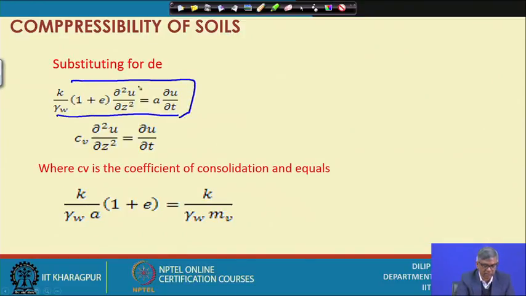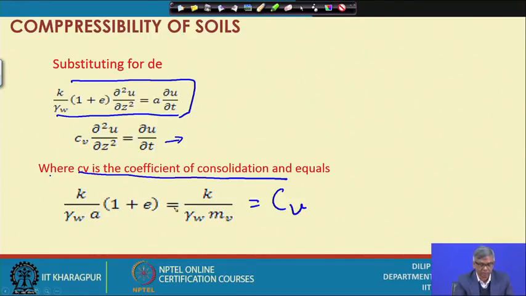k by gamma w a into 1 plus e del 2 u by del z square equal to del u by del t, or Cv into del 2 u by del z square equal to del u by del t. And now, Cv is defined as the coefficient of consolidation, which will be k into 1 plus e by gamma w a, equal to k by gamma w mv. So, Cv equal to k by gamma w mv, or Cv equal to k into 1 plus e by gamma w into a.